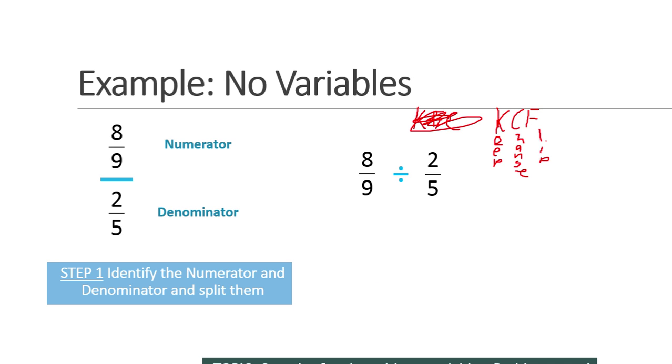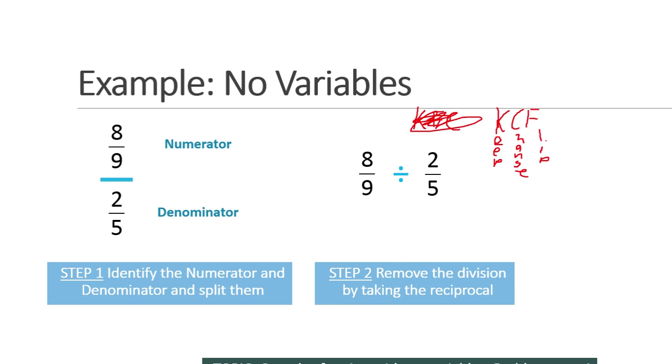Okay, so let's see how this is done. We change the division to a multiplication. You could see how I did that. Remember it was division, and I changed it to a multiplication. Then I'm going to flip the second one. Flip only the second one, so the reciprocal of 2/5 is 5/2.